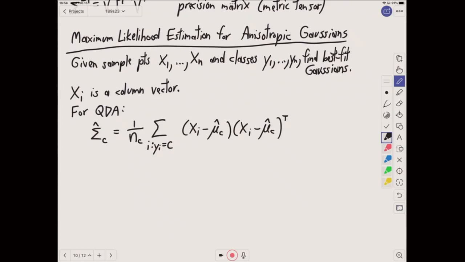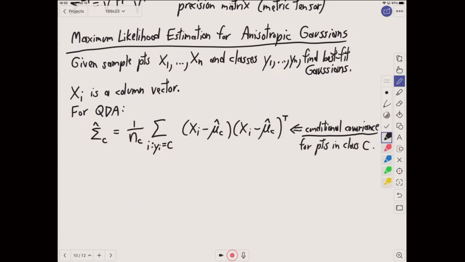All right, and this thing is called the conditional covariance matrix for the points that are in class C. Now, the word conditional means class conditional. It means conditioned on these points being in class C.